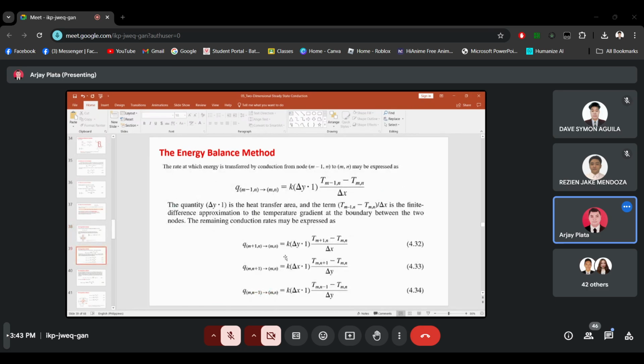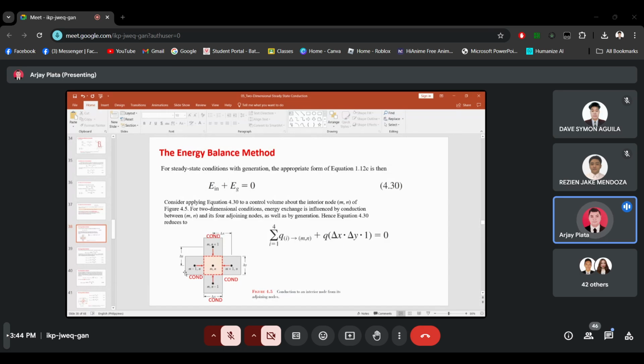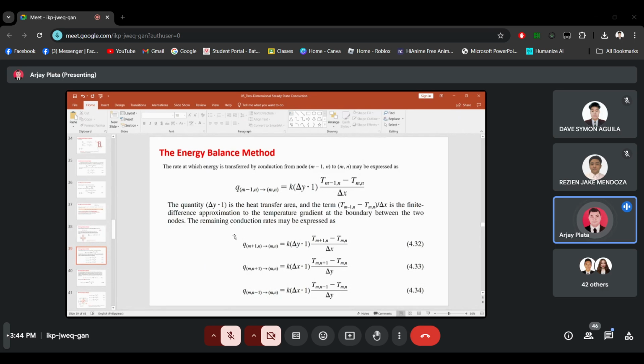Okay. So Qm minus 1n going to Qmn. Heat transfer from Qm minus 1n to Qmn. So we have K times area times delta T over delta X. Our area is the area perpendicular to the heat transfer.